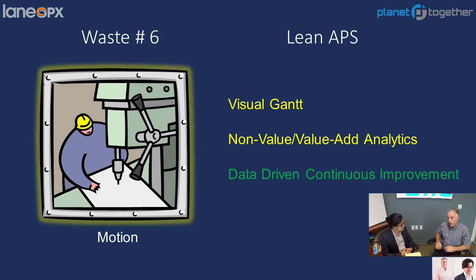And thank you for sharing it. I think this is a waste that we should stay on for a moment. It's really important. I'm supporting the integration of PlanetTogether APS for an advanced machine shop in San Diego. They're heavily involved in producing medical device products and aerospace products, etc. And what's really interesting is a very strategic decision to kick off a major lean initiative at the same time PlanetTogether was being initiated into the business.